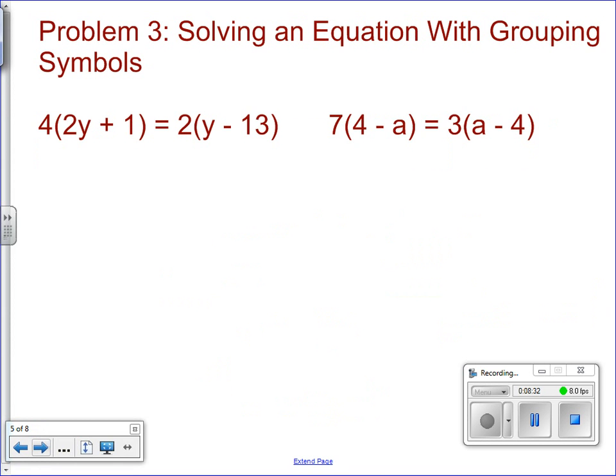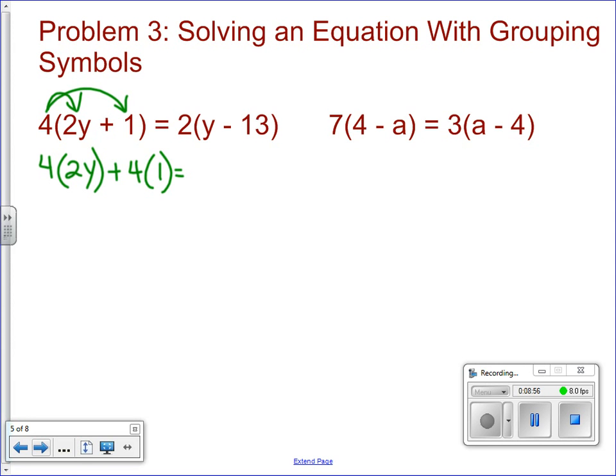Problem 3, solving an equation with grouping symbols. Our first priority when we have grouping symbols is to remove those parentheses. So in this case, we're going to have to use the distributive property. 4 times 2y plus 4 times 1.